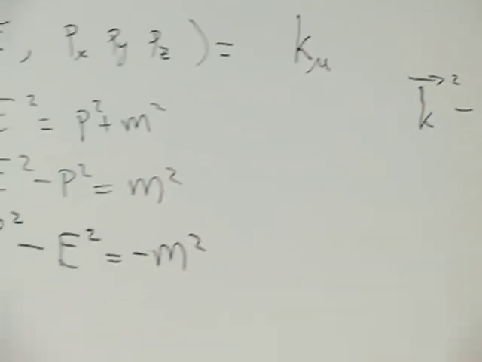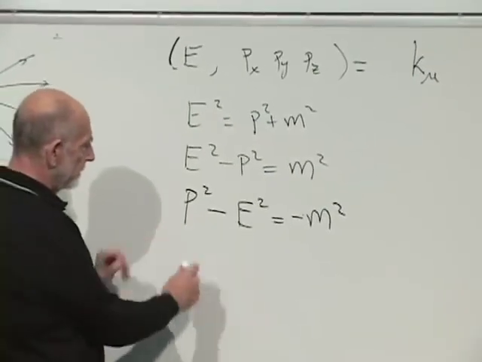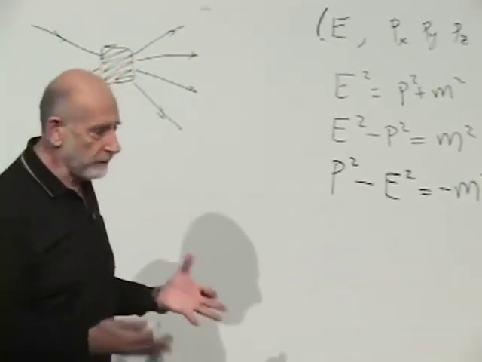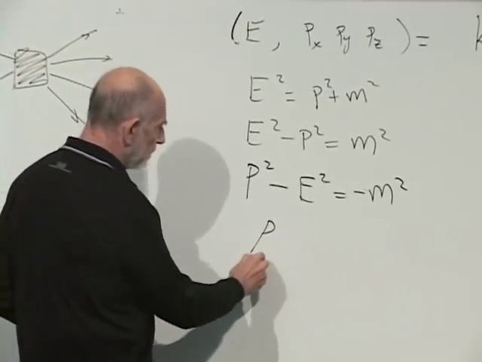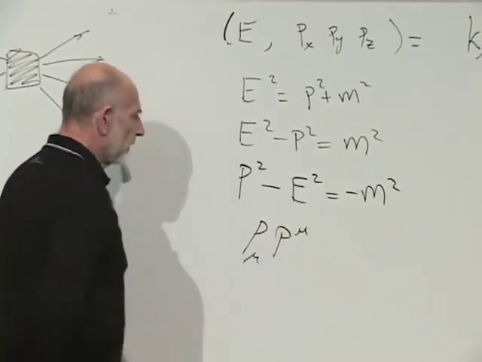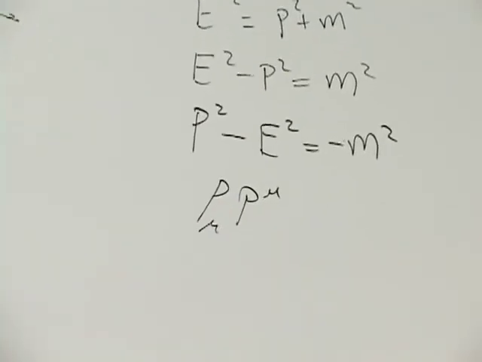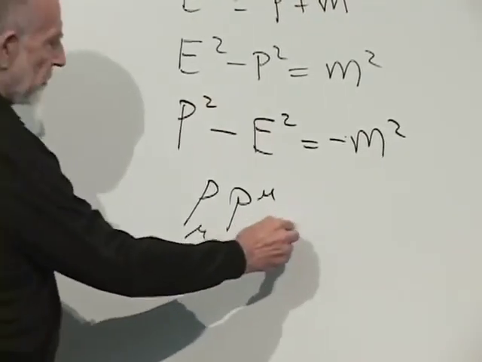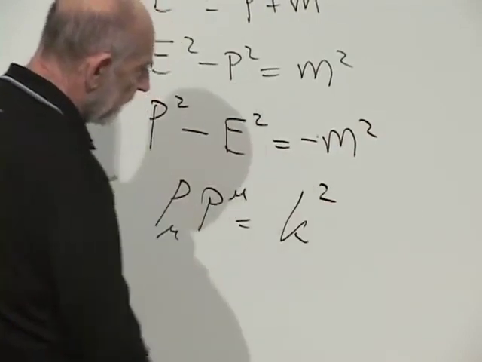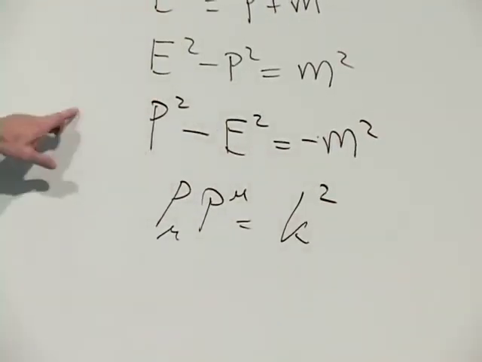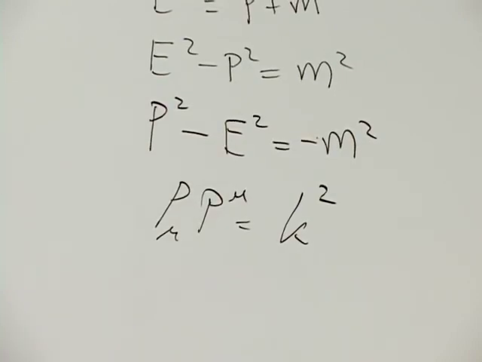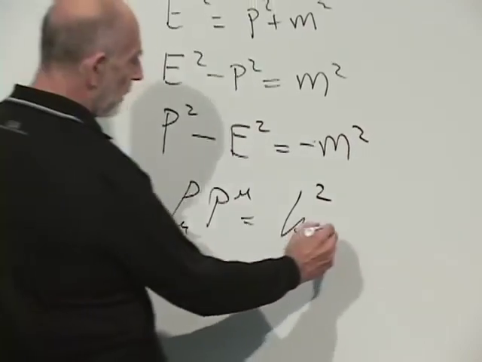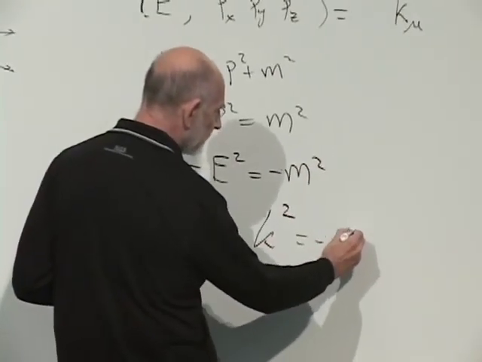The left-hand side here is the square by definition. It's a definition of the relativistic square of a vector. It's called p mu, or to simplify it, let's just call it k squared. It's the space component squared minus the time component squared. That's called k squared, and for every particle, k squared is equal to minus m squared.